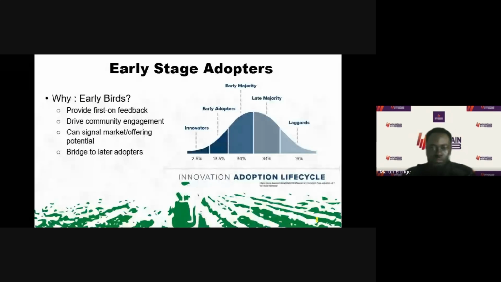And they can also signal market offering or potential, right? So if for instance you're launching a product or a service in agriculture, maybe you make Elizabeth Teke, her story and all of that. She grew up in the plantations. She's been able to cultivate and work, interacting with farmers and all of that. So she's perfect.